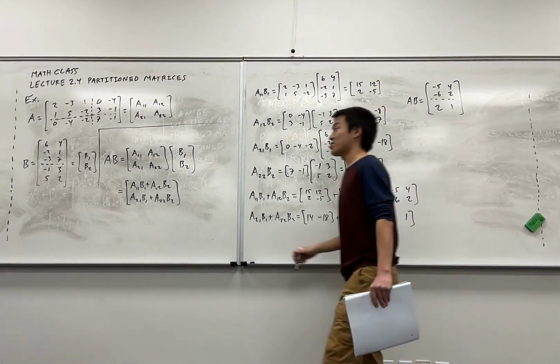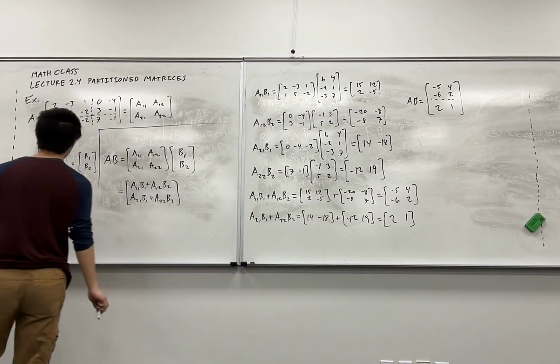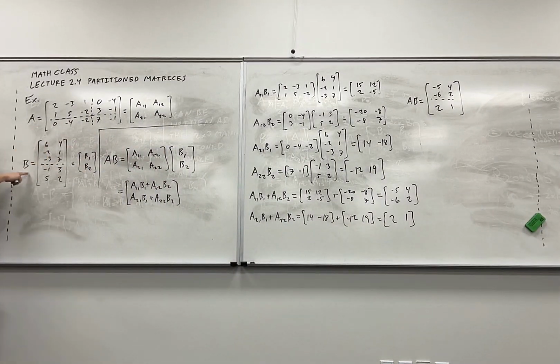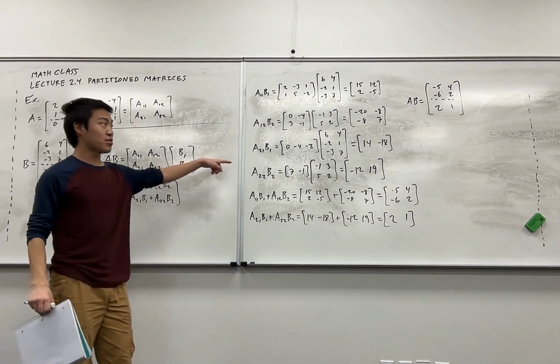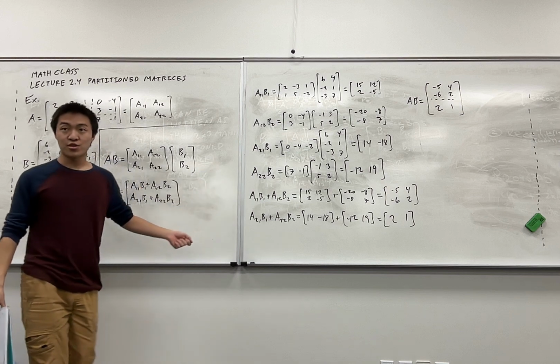Now you might be thinking to yourself, well, that was stupid, because I could have done just A times B about 7 times faster than this entire rigmarole. You would be correct. But this example is important to show the mechanics for the theorem that I'm going to show.